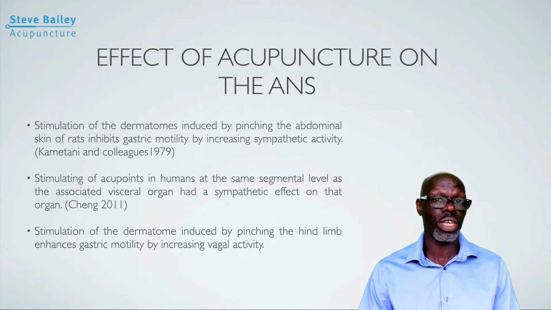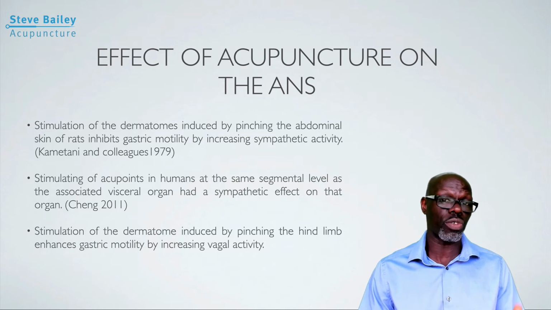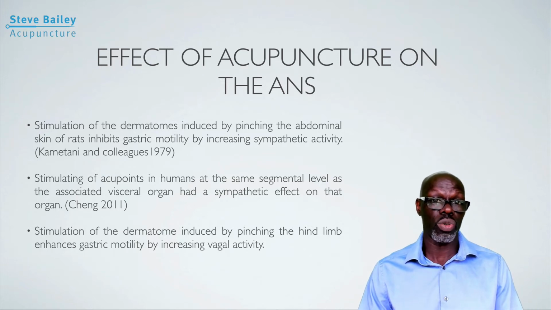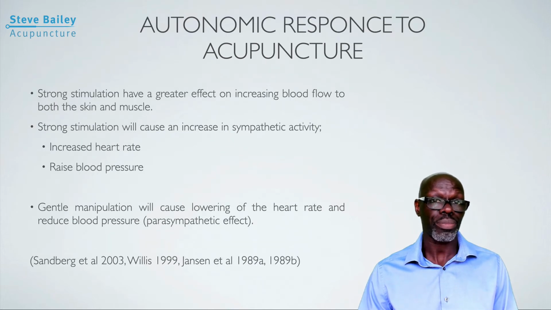The location determines whether it's sympathetic or parasympathetic. So if you've got somebody who's incontinent, or has bladder problems, it depends whether you choose a point that's sympathetic toned or parasympathetic toned. That's where the difference is going to be.